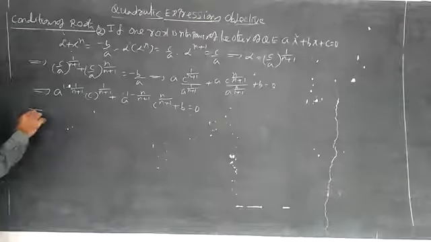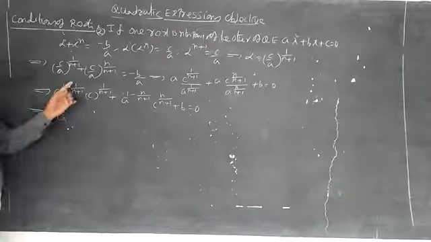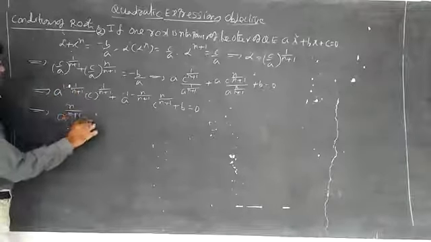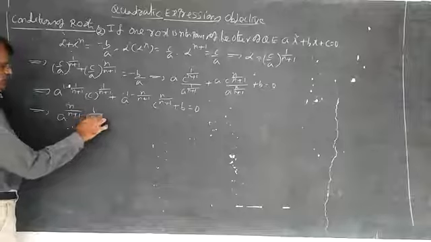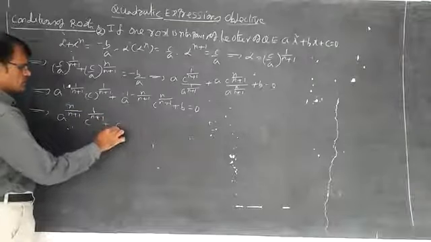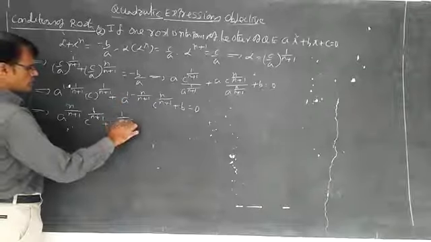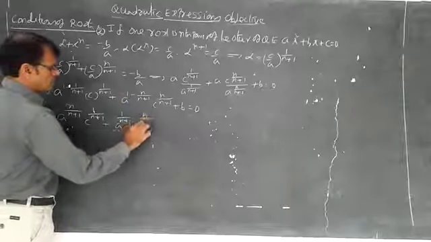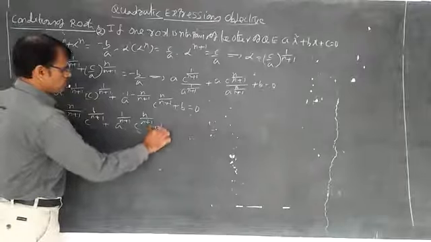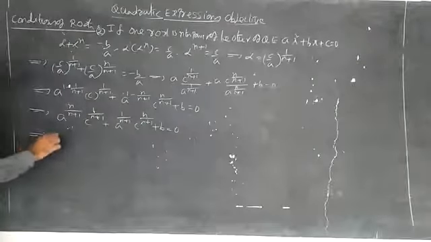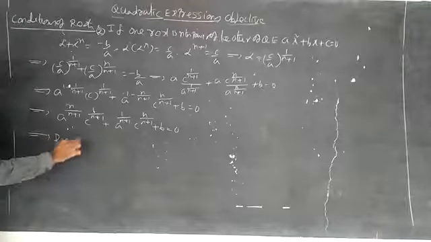Now we can write a power n plus 1 minus 1 becomes n by n plus 1: a power n by n plus 1 dot c power 1 by n plus 1 plus a power 1 by n plus 1 dot c power n by n plus 1 plus b is equal to 0. That is the required condition.